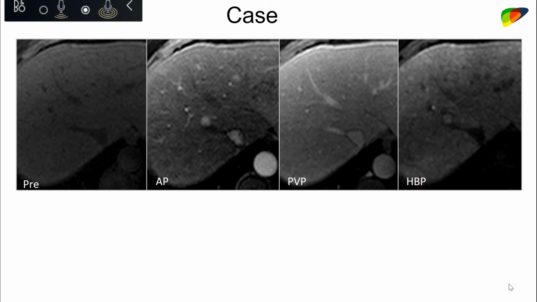So historically, in 2013 and 2014, we were trying to figure out what to do with hepatobiliary phase hyperintensity. And we thought that because sometimes hepatobiliary phase hyperintensity is a feature of, say, a benign lesion, like a focal nodular hyperplasia, but sometimes it's a feature of an atypical HCC, we decided that hepatobiliary phase hyperintensity is neither an ancillary feature favoring benignity, nor is it an ancillary feature favoring malignancy.